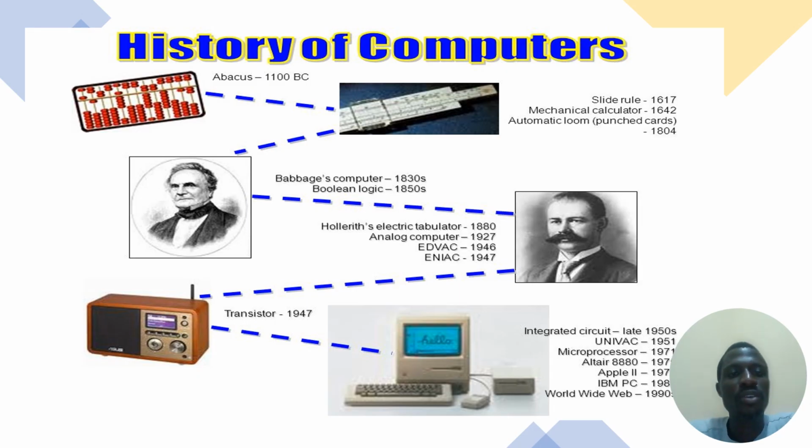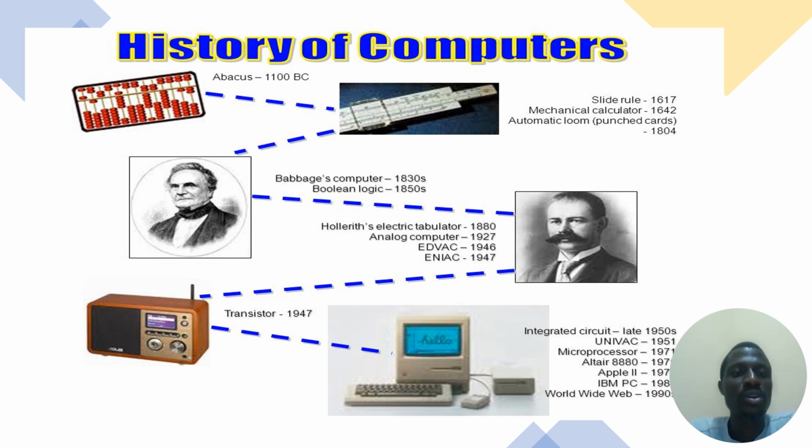A brief history of the computer system. The earliest computers that were developed were actually analog systems, and they ranged from simple counting devices to more complex mechanical counting devices.